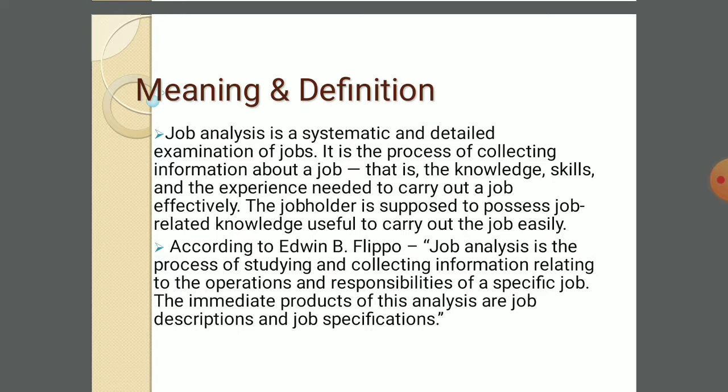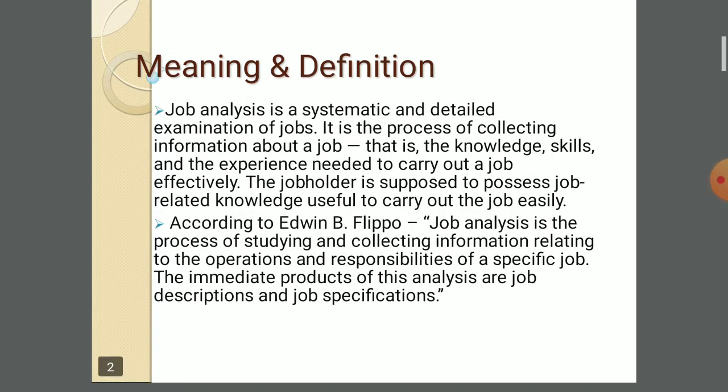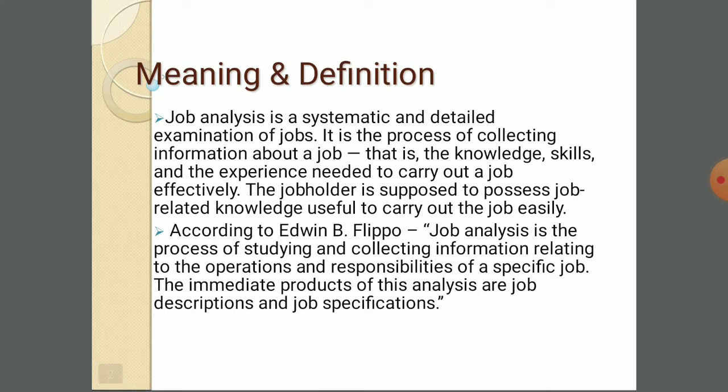So everything about the job is described under job description. So it is basically the job profile of the job. And in job specification, we are going to give the detailed information about the knowledge, skills and the experience which is required by the individual to carry out that particular job. So in case of job analysis, we are going to find all the details related to a particular job.